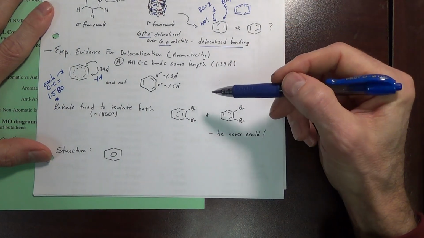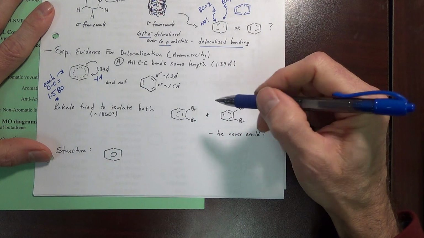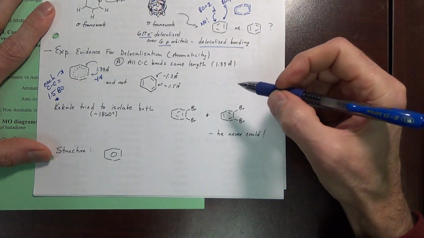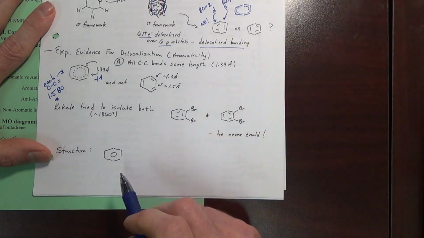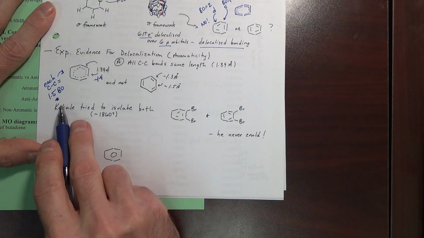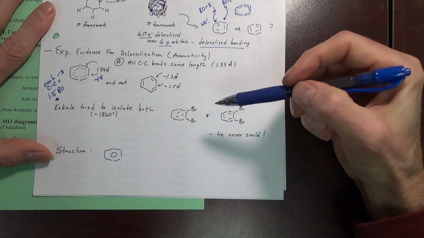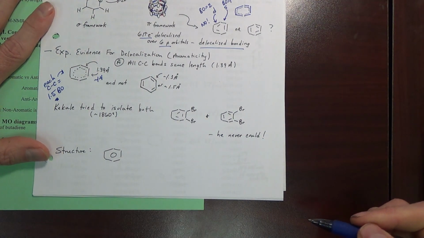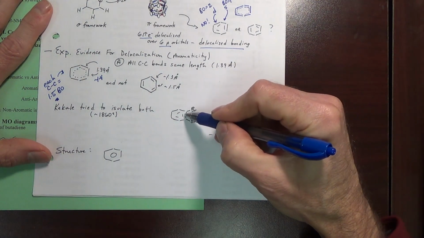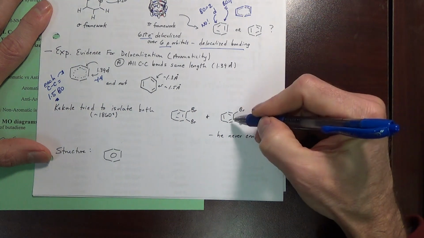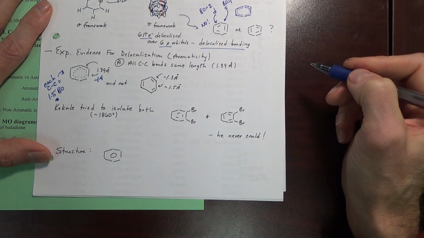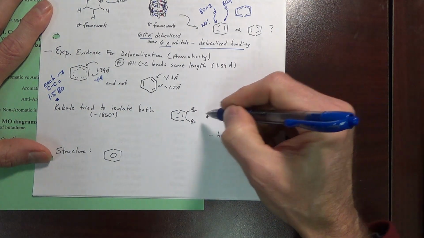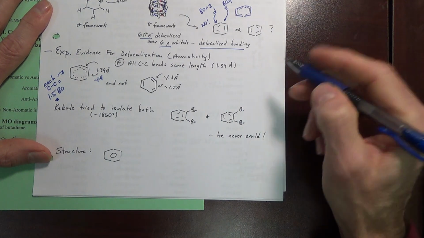Okay, little interesting tidbit here. Back in the mid-1800s, a chemist by the name of Kekulé actually thought that these two compounds should be different. That is, here the double bond is between the two bromines, and here it is not. He actually spent some time on trying to separate these two, and he never could.